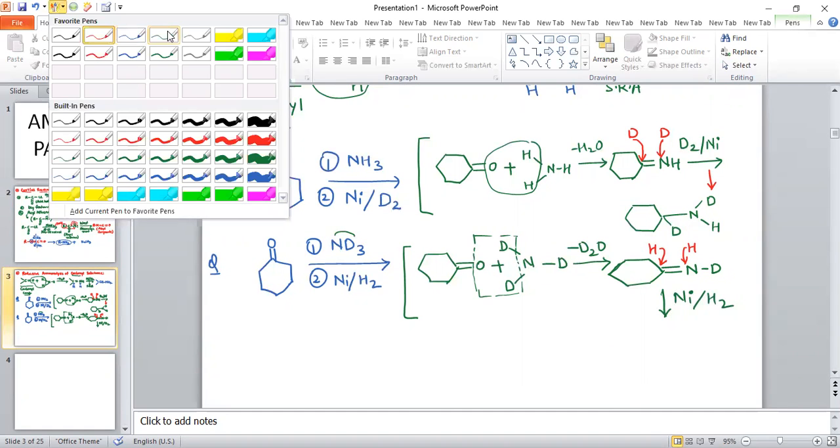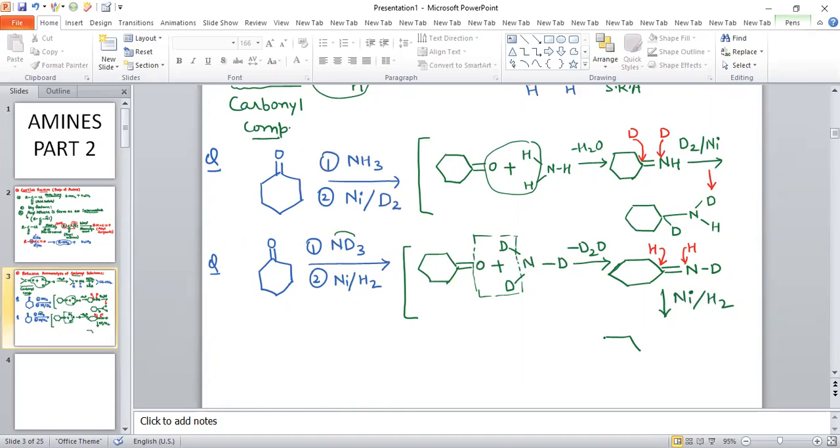So now the product obtained will be like this. On this carbon there is hydrogen, and on this nitrogen there is deuterium and one hydrogen is also added. So this is the product obtained in this case. This is another method for the preparation of amines.